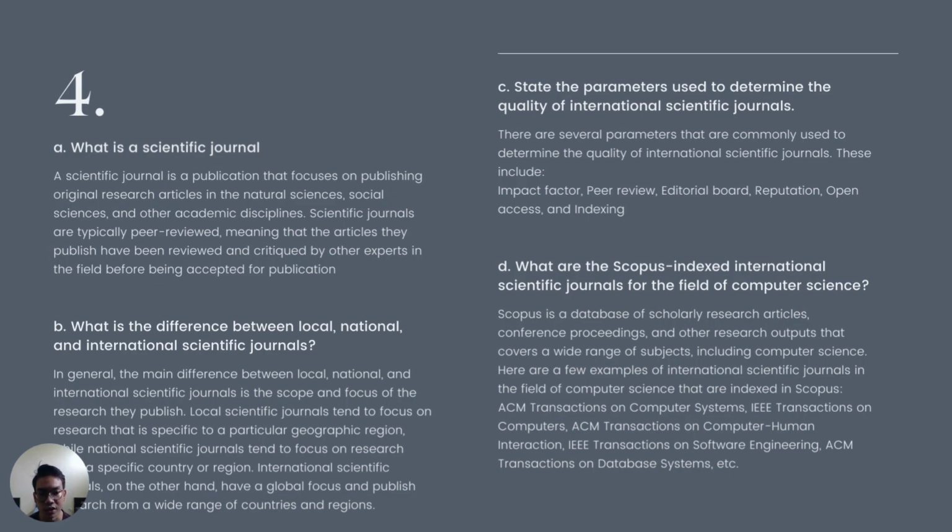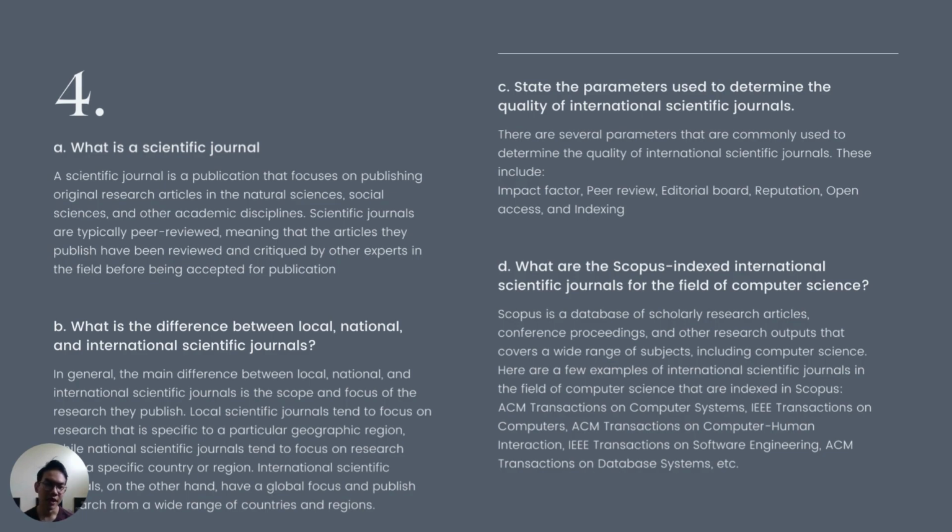Local scientific journals tend to focus on research that is specific to a particular geographic region, while national scientific journals tend to focus on research from a specific country or region. International scientific journals, on the other hand, have a global focus and publish research from a wide range of countries and regions.